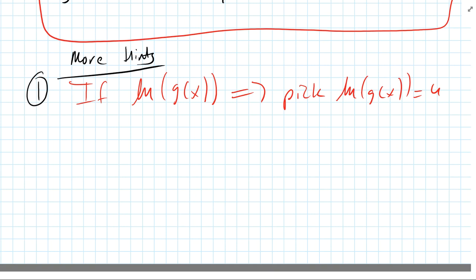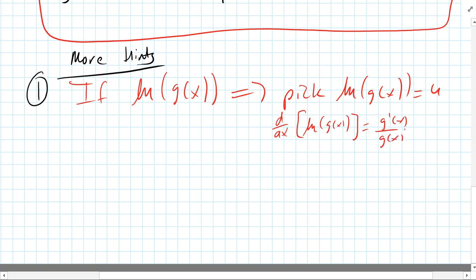Natural log is always u. Doesn't matter if it has something inside. Always pick it as your u. You see natural log, it's u. So you're going to find du. You take its derivative, which is going to be, the derivative with respect to x of natural log of g of x is equal to g prime of x over g of x, right?